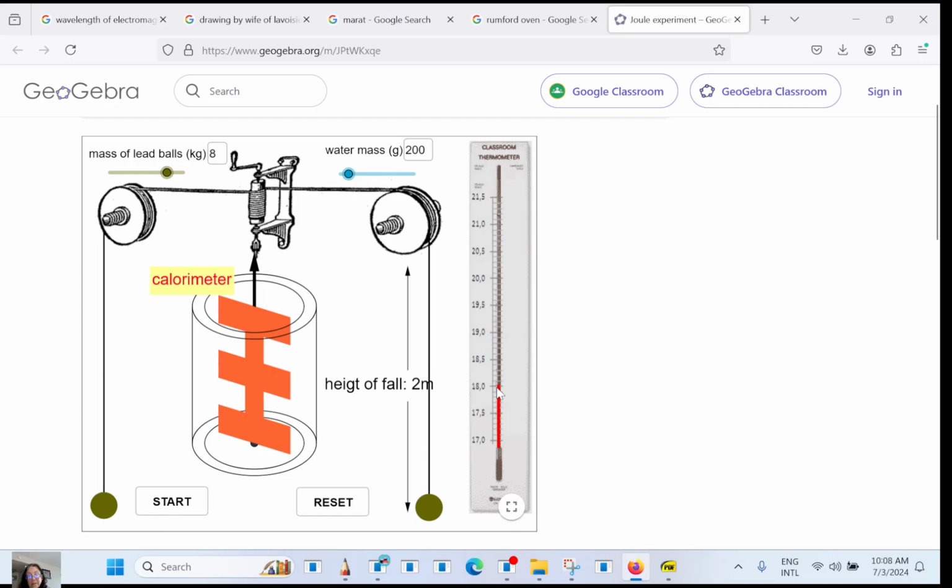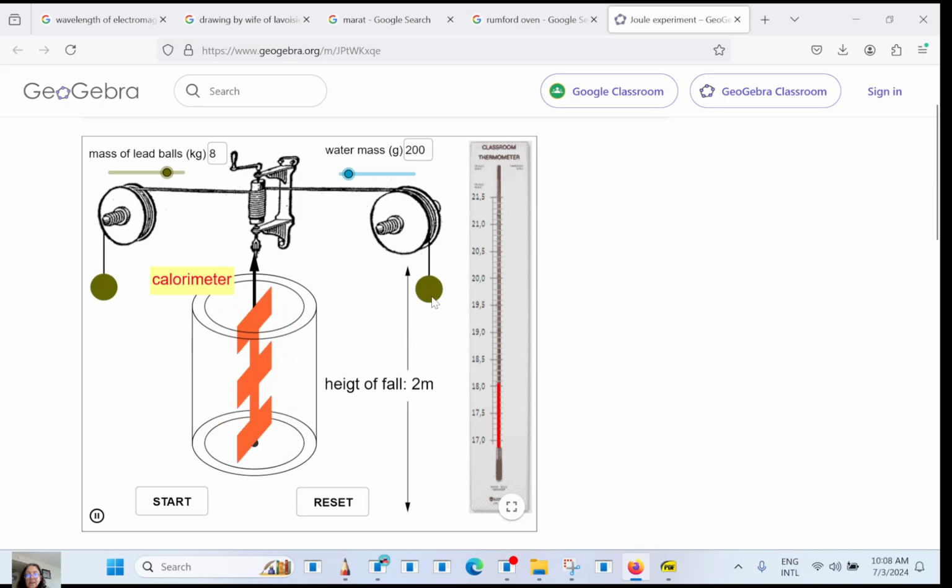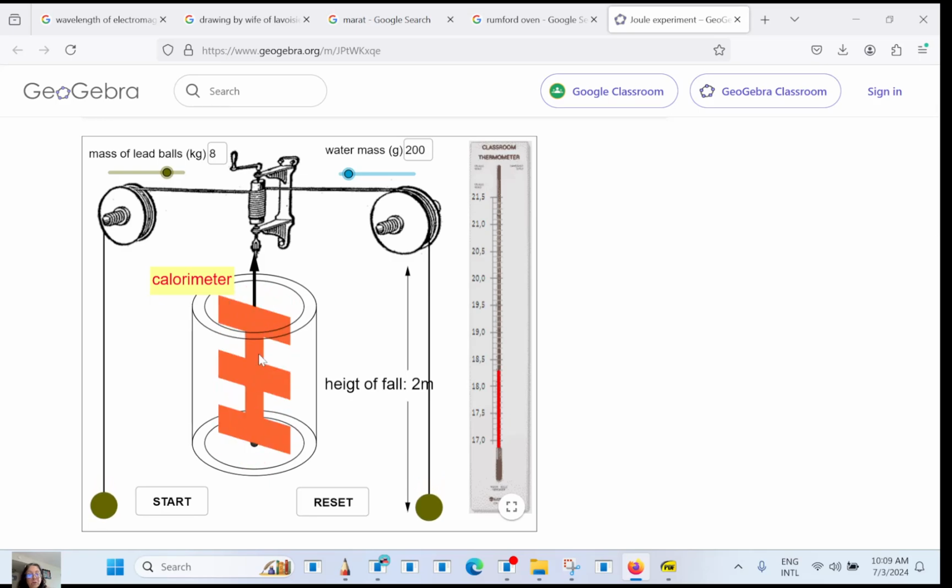Okay. So here is the experiment. You see the thermometer here. I guess it's 18 degrees Celsius, so about 67 Fahrenheit, something like this. So this is falling, so it has potential energy. That potential energy turned into rotational kinetic energy that will produce heat, and the thermal energy here is going to increase.